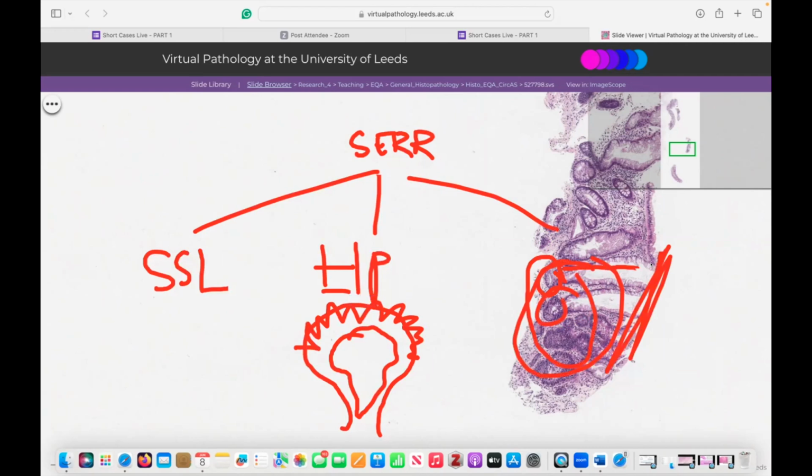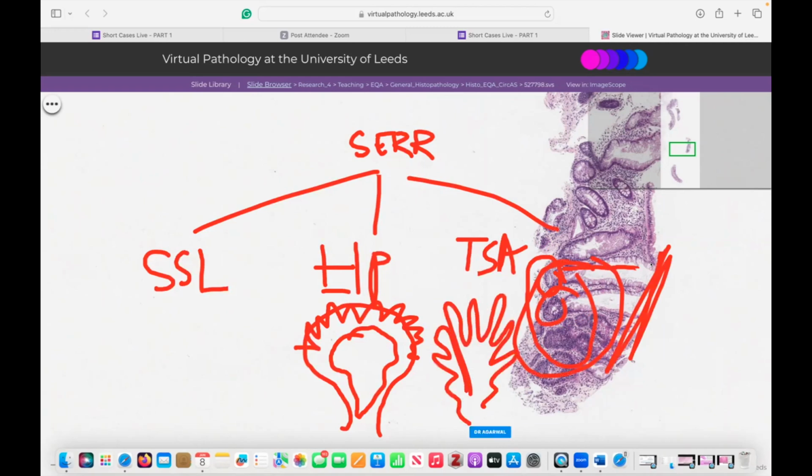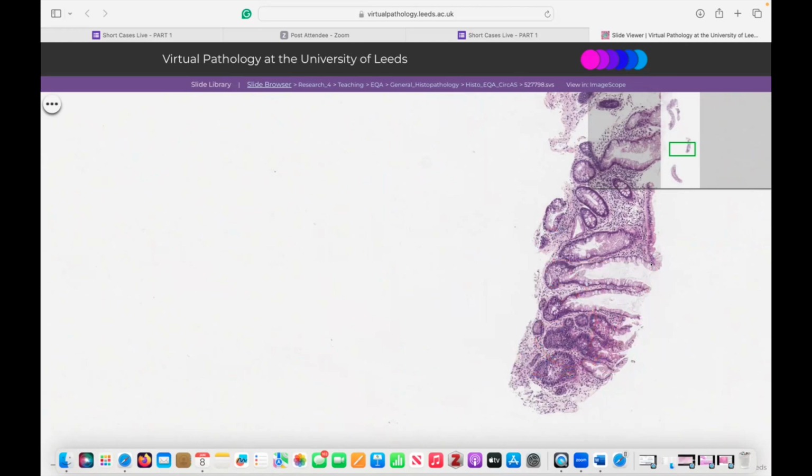And the third lesion that you have to remember is traditional serrated adenoma. It will look like a villoglandular polyp, similar to a tubulovillous polyp, there will be no dysplasia, but the lining will be serrated and eosinophilic epithelium, villus-like.